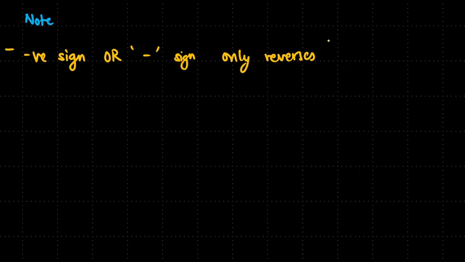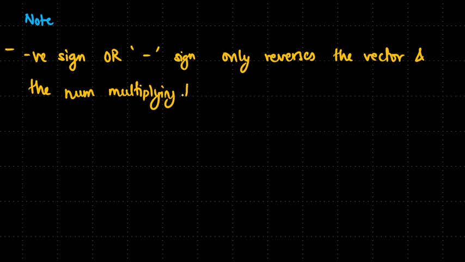The note is: a negative sign, or minus sign, only reverses the vector, and the number multiplying the vector only multiplies its length.